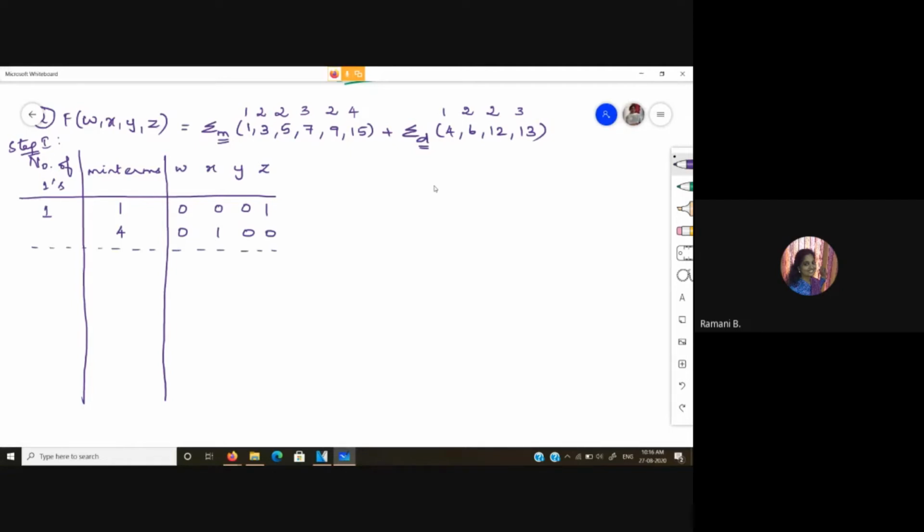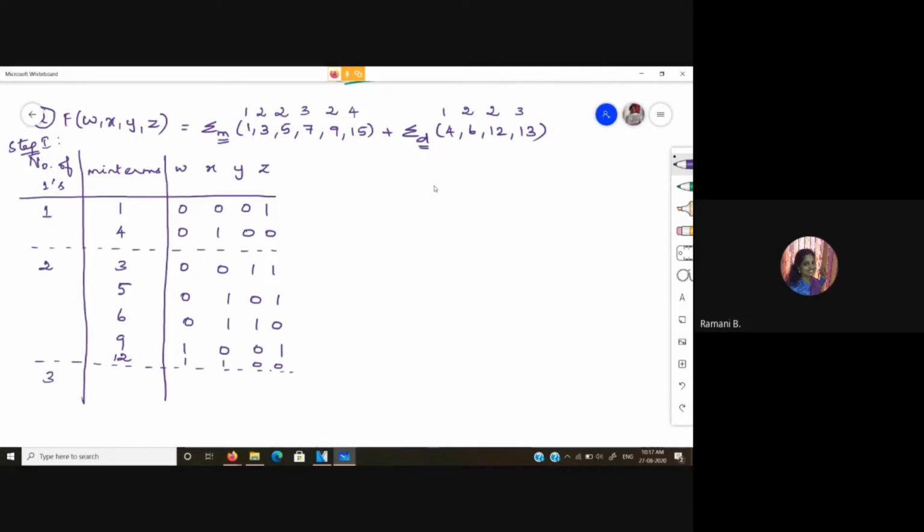Next we write the two number of ones group. So we have 3, 0 0 1 1, then 5, 0 1 0 1, then I have 6, 0 1 1 0, then I have 9, 1 0 0 1. Oh, we have 12. Yes, we have a 12. So for 12 we have 1 1 0 0.